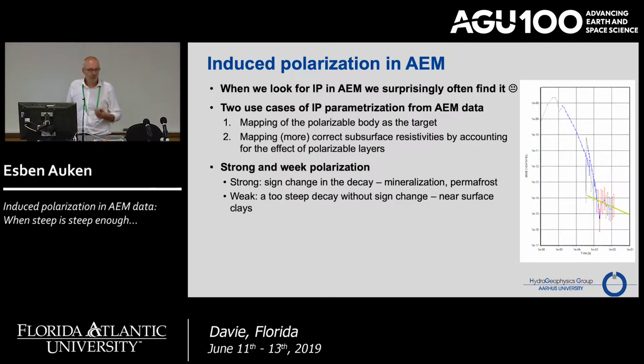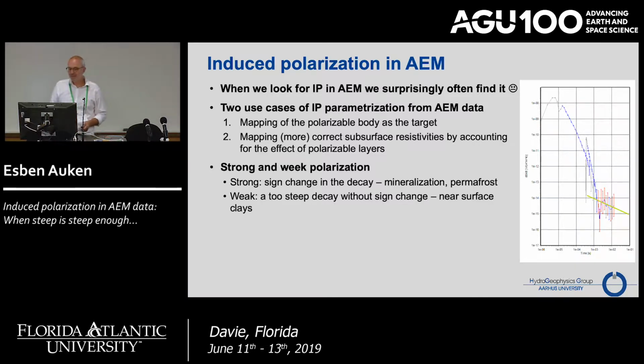There are really two cases, as I see it, of IP parameterization in the AEM data. The first one was what Marco presented this morning, where we are basically trying to figure out what is the polarization of that body in the subsurface, and we use that as a geological descriptor, as he showed in the case from Brazil.